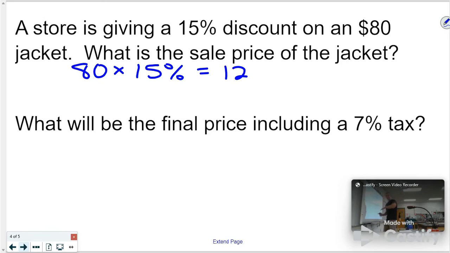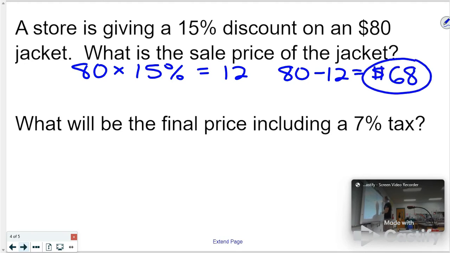But then we're not going to add that on. If we want to know how much we're going to pay for the jacket when it's on sale, a discount takes off of the total, so we can do 80 minus 12, and you would end up paying $68 for that jacket that's on sale.